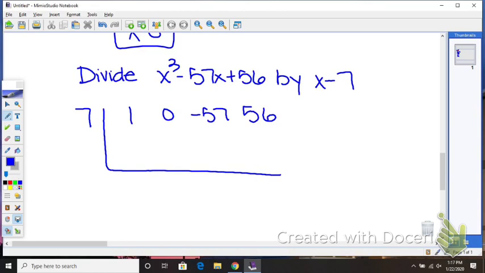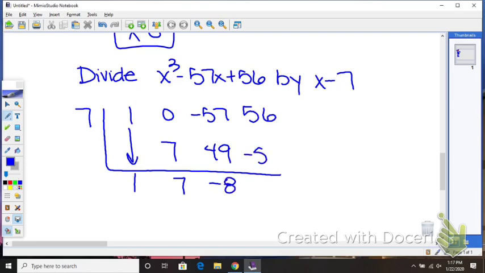Okay, is this how you have yours set up? With a positive 7 on the outside. 1, 0, negative 57, 56. Yes? Okay, so we should match up here. So 1 comes down, 7 goes here, 7 comes down, 49 goes here. Then what, a negative 8?